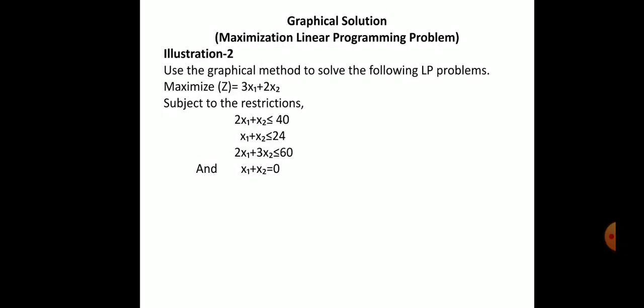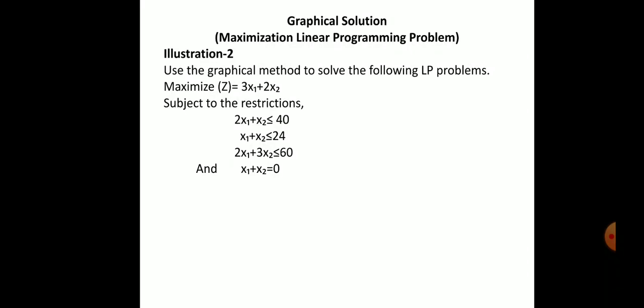It's clear, students. Next, 1 unit of x1 plus 1 unit of x2, if you are producing together, should be less than or equal to 24. This is the second condition. Next, we have 2 portions of x1 plus 3 portions of x2, which should be less than or equal to 60.